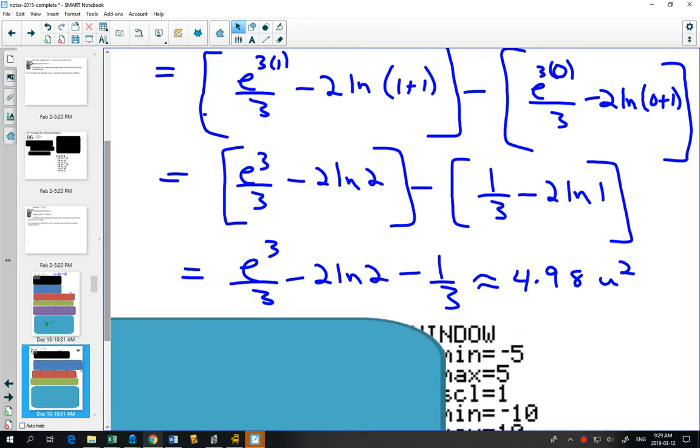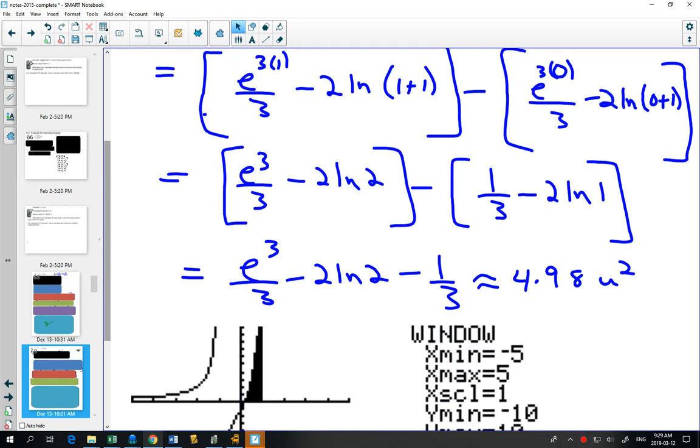Okay. And there's the crazy area under the curve. Just so pretty. It's just unit squared. You don't need that. It's just to show that it is an area, right?